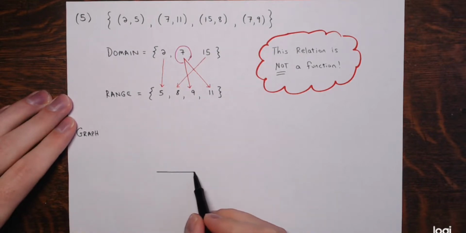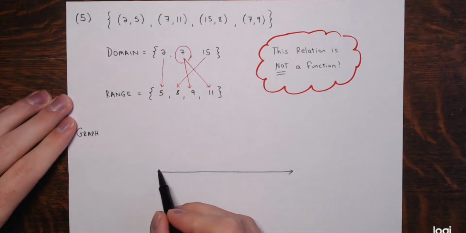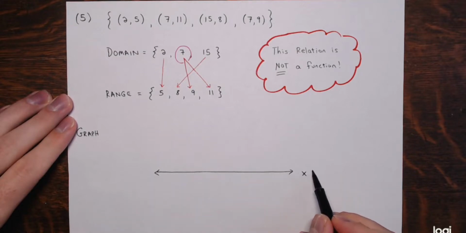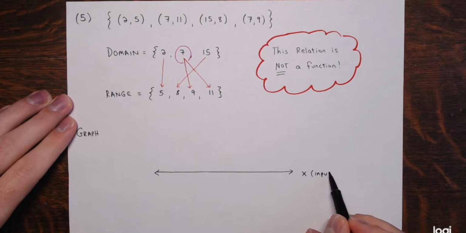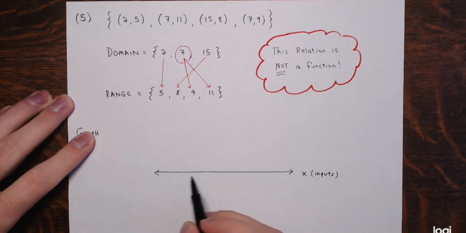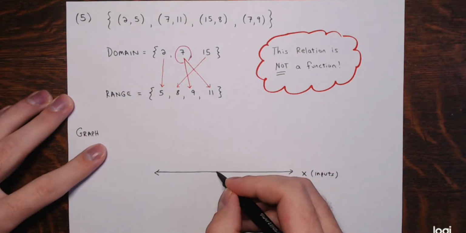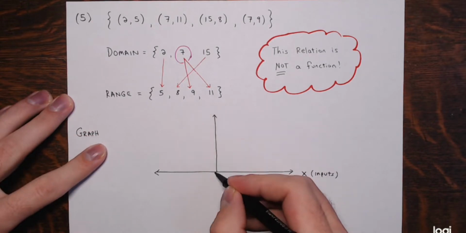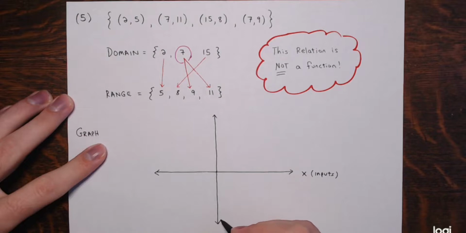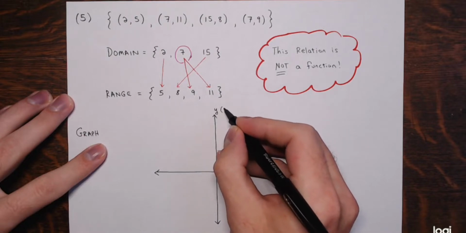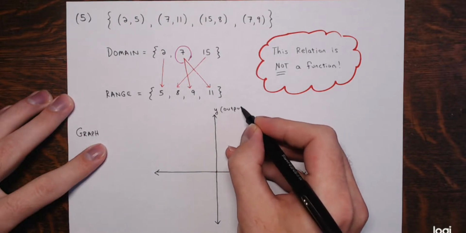You have the horizontal x-axis, which will be the input values. The values represent possible values of the domain. And then you have the vertical y-axis, which will represent possible outputs, possible values of the range.